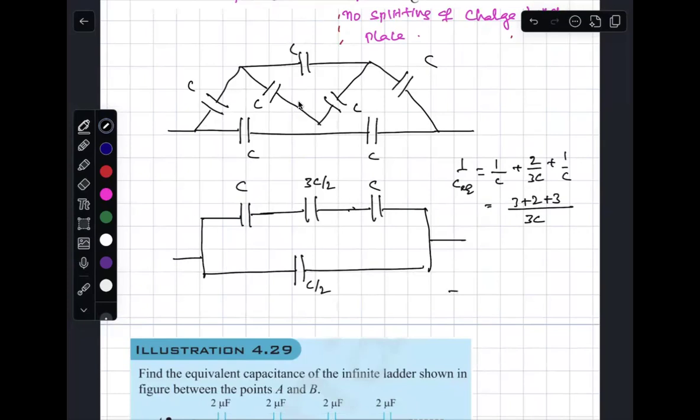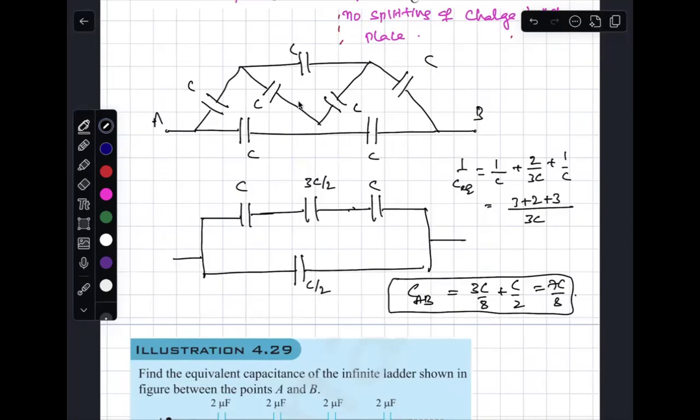So therefore, finally, this will become 3C by 8 plus C by 2, which is 7C by 8. Equivalent across AB, so CAB is 7C by 8. Symmetric circuit. Every flow of the circuit hereafter is going to be like this.